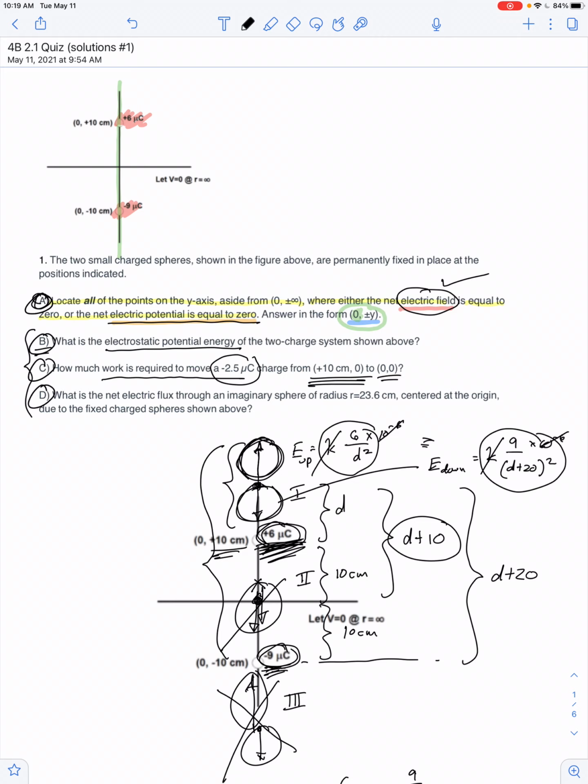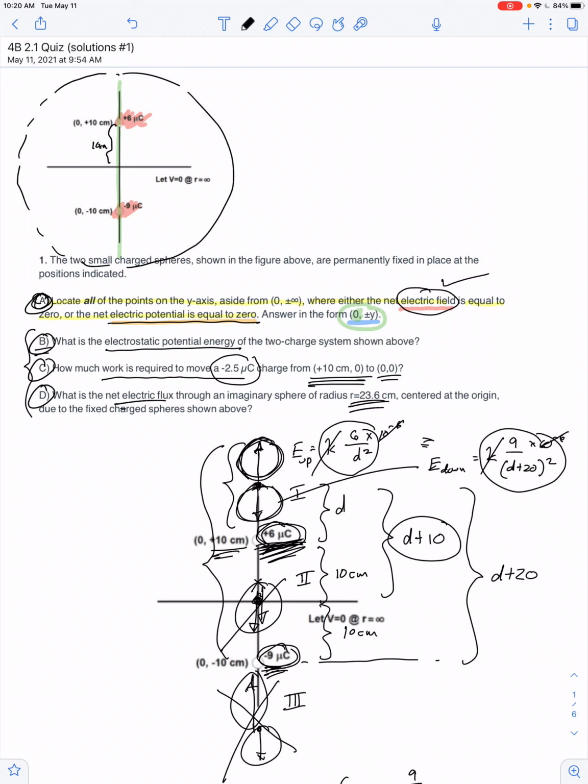Now we need to get the answer to part D. What's the net electric flux through an imaginary sphere centered at the origin? Well, the distance here is 10 centimeters. So if we've got a sphere of this radius, all I know is it's a big enough sphere that encloses both of those charges.